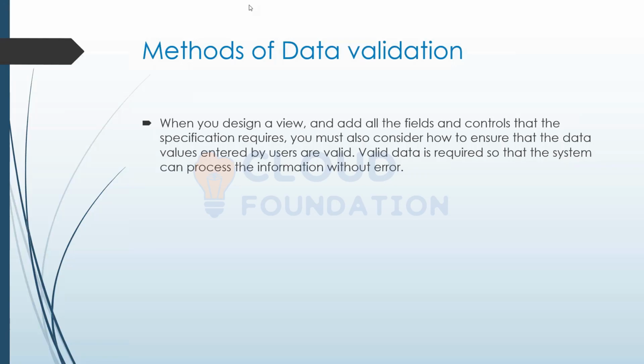I need to make sure the data is of the right format and the right type, and only then can I proceed with my transaction without any errors. In any application you take, we should validate the information. Let's see how we do that in Pega.